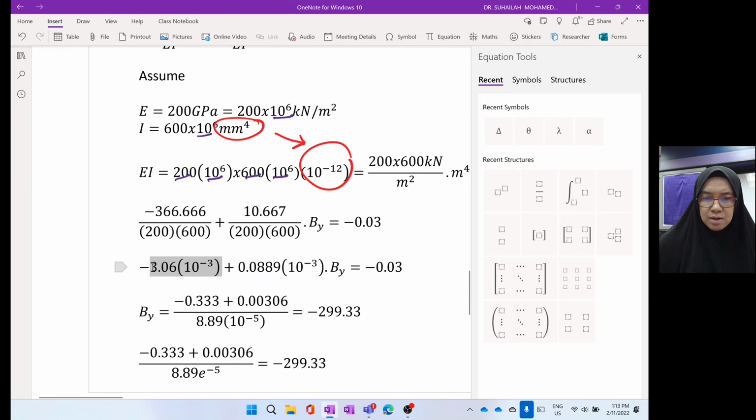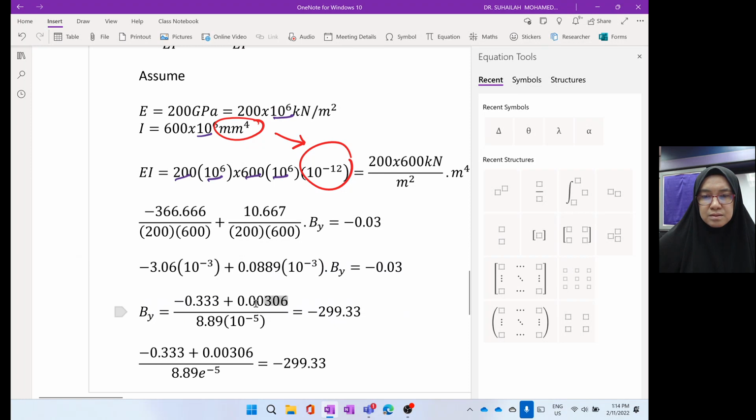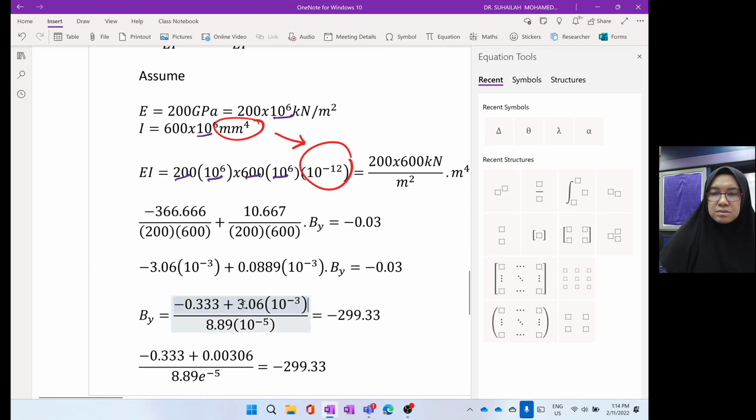Ada cara lagi senang tau tak? Rather than you bahagi 2 kali, tapi you kali 2 kali. Sekejap saya tunjuk.